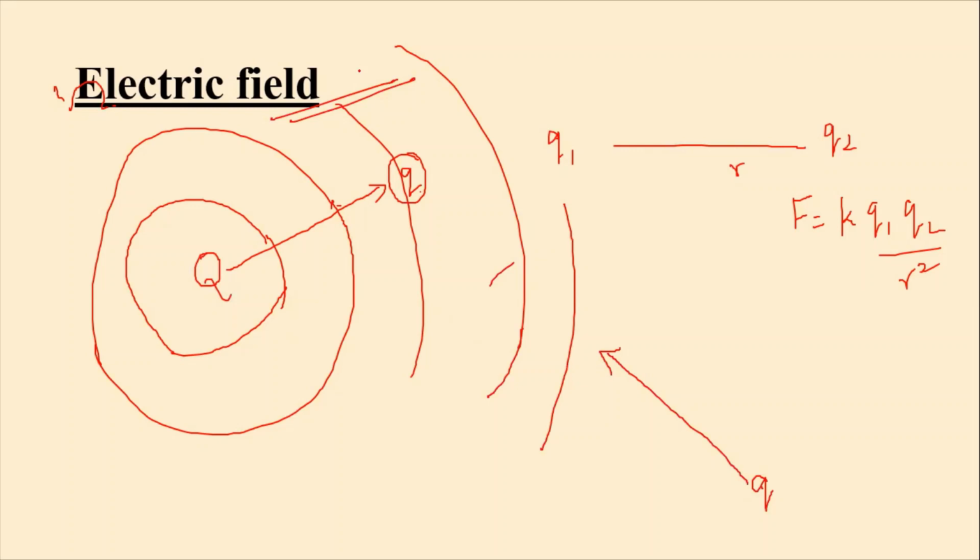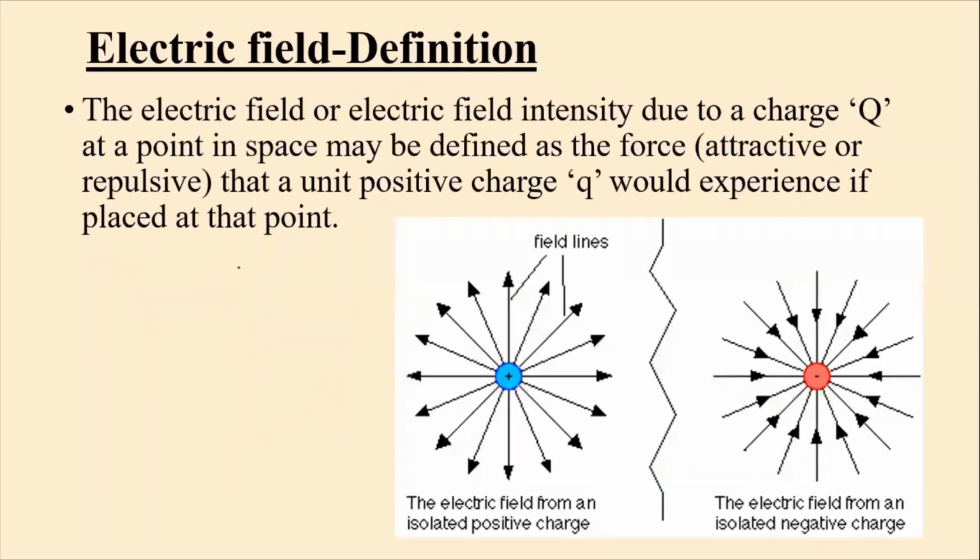Now the definition: the electric field intensity due to a charge capital Q at a point in space may be defined as the force. It can be attractive or repulsive, based on the nature of the charge.